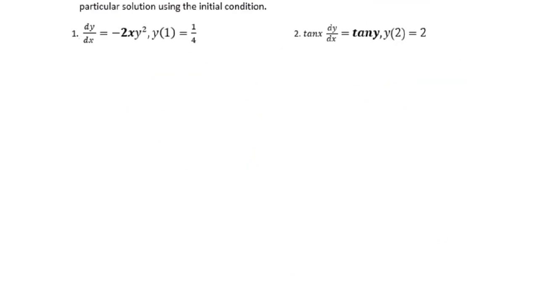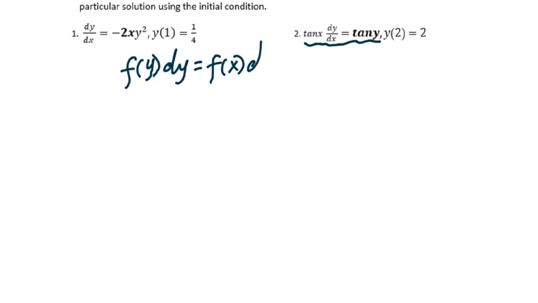Let's go to number 2. For number 2, same thing. We need to set up f of y dy equals f of x dx form, so that we can do the integral both sides to solve for y.